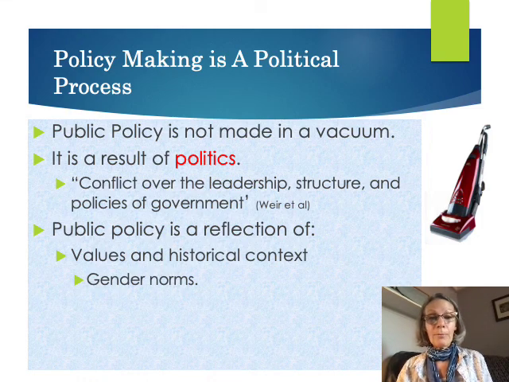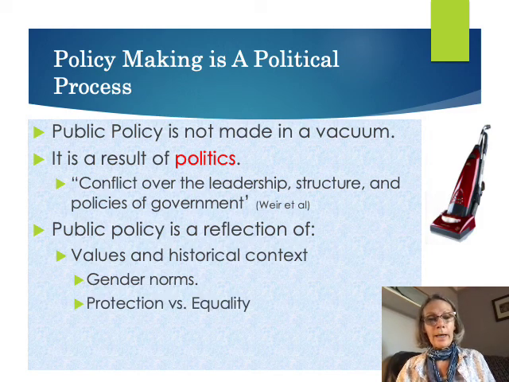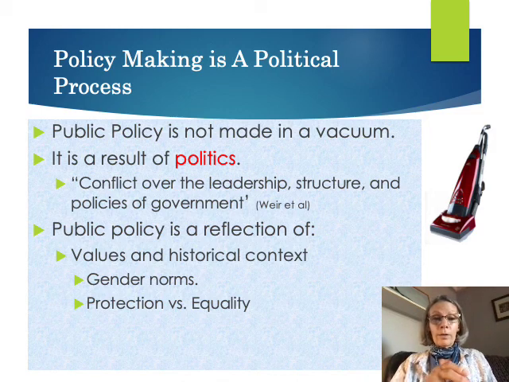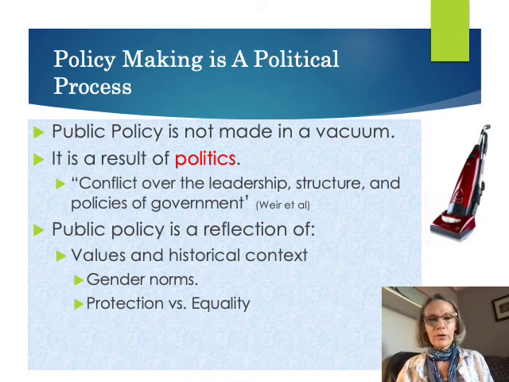A good example of that would be gender norms. In the 19th and early part of the 20th century, there was a sense that women were the meeker sex, the weaker sex, and that was a gender norm, a societal expectation about women.